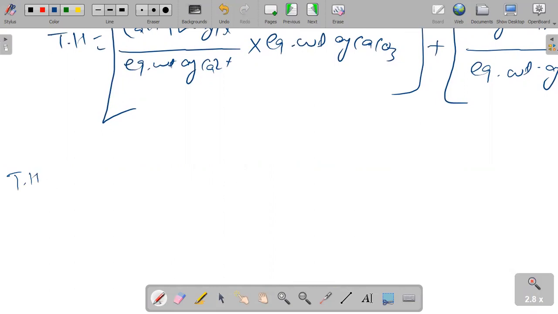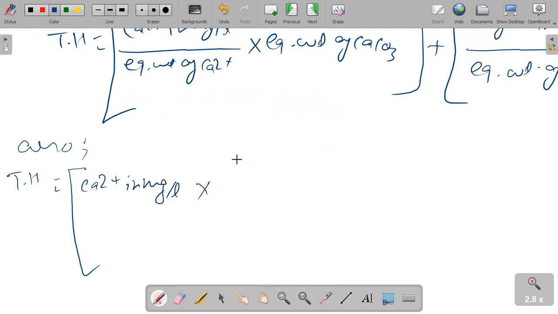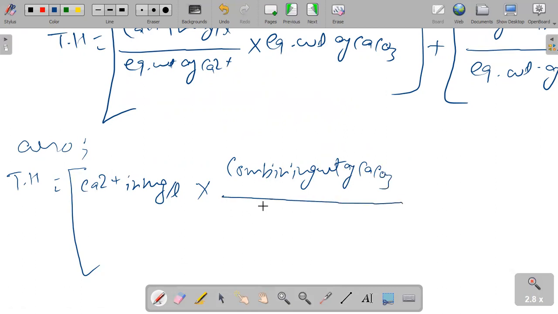Total hardness is equal to Ca2 plus in milligram per liter into combining weight of CaCO3 upon combining weight of Ca2 plus.